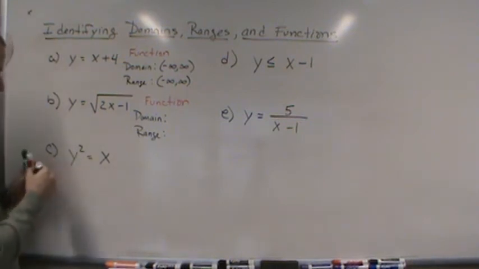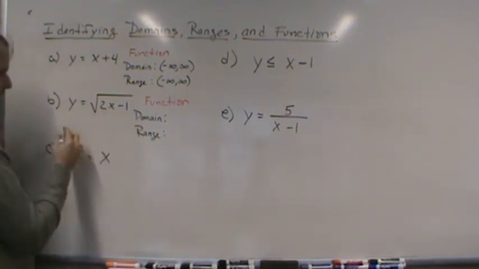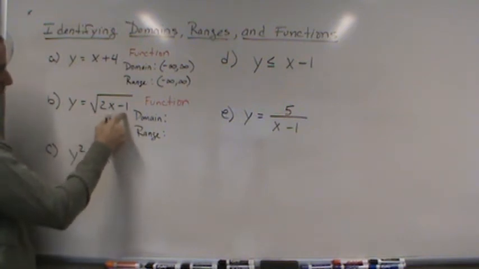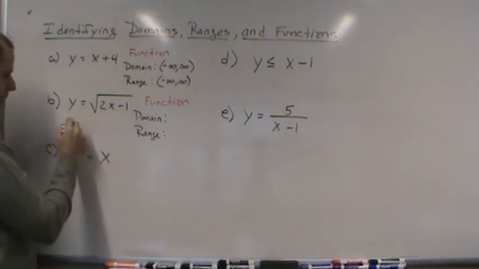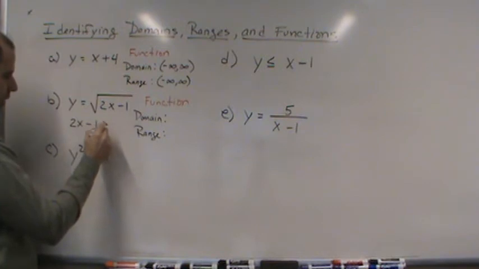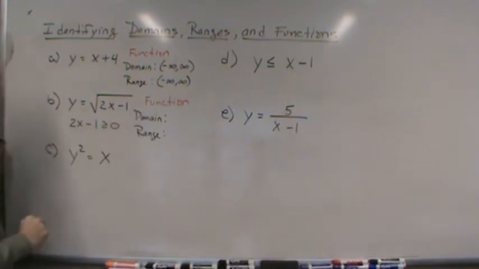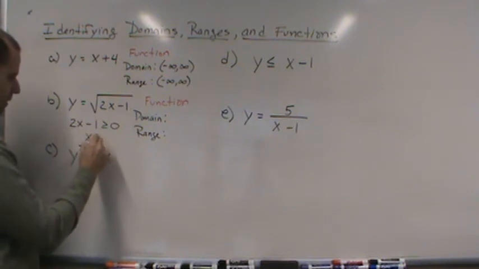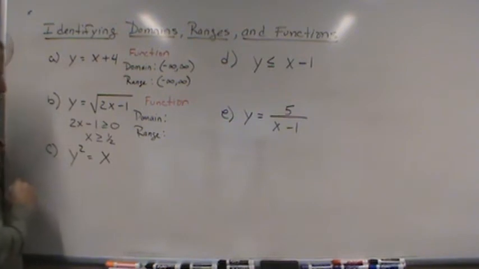So I'm going to solve this inequality. We only want the values of the radicand that are equal to or greater than 0. That's going to be true if x is greater than or equal to 1/2. So that's the domain.